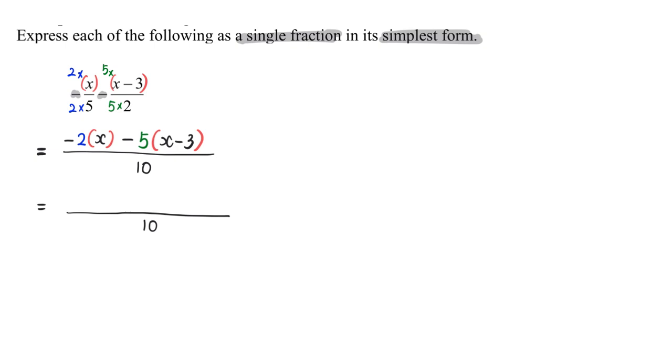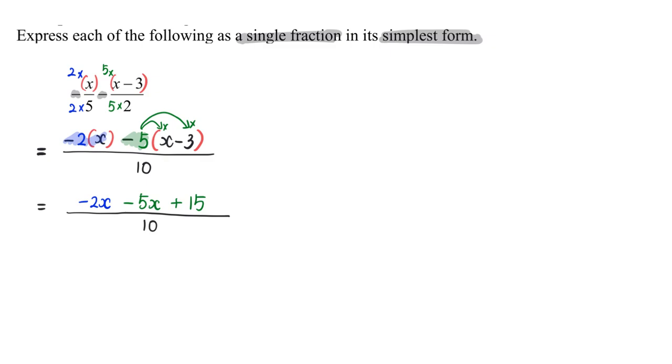Okay? So negative 2 and x, this one will give me negative 2x. Negative 5 multiplied by positive x, negative 5x. Negative 5 multiplied by negative 3, positive 15.